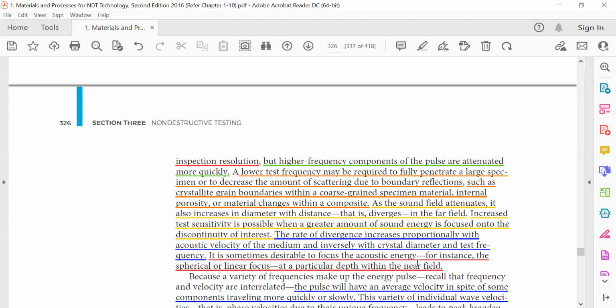So sin theta by 2 equals k lambda by d, which is kv by df. So it is proportional to velocity and inversely proportional to crystal diameter and frequency, kv by df.